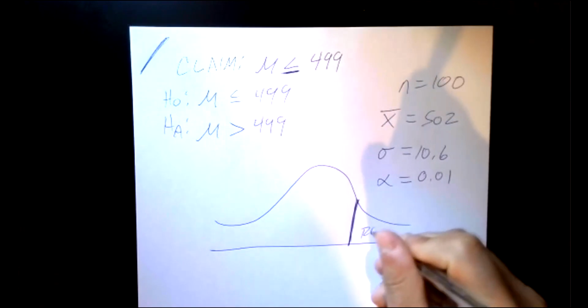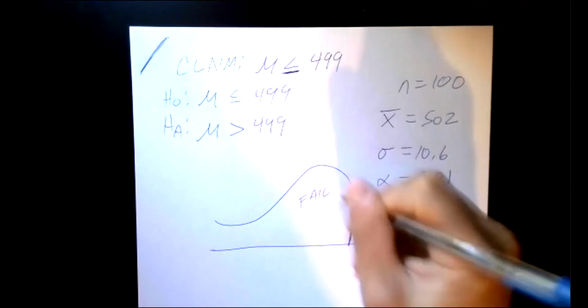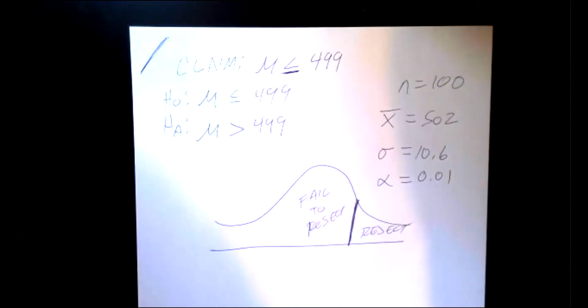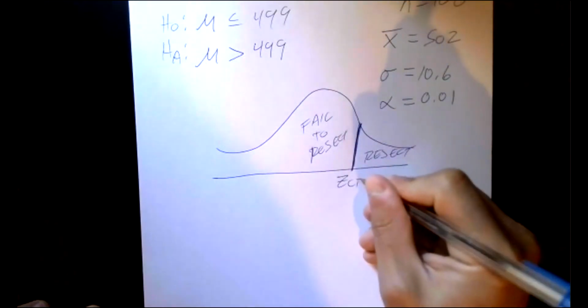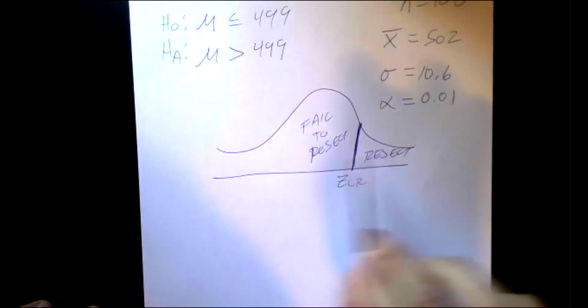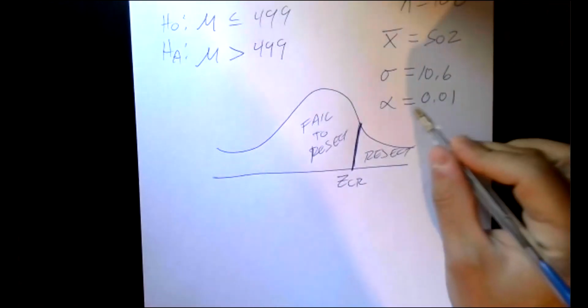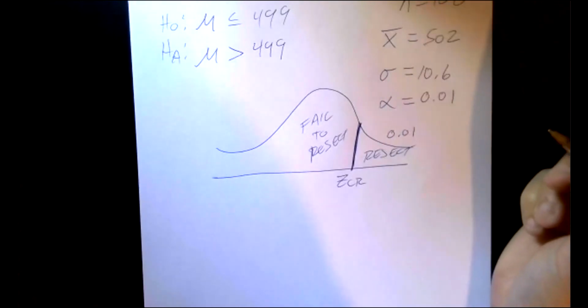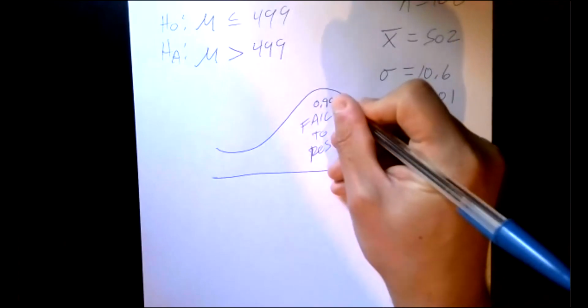Let's do the rejection region first. Reject, fail to reject. Now, we need to know the Z critical value, which separates reject from fail to reject. Well, the alpha value is 0.01, which means the area to the left is 0.99.